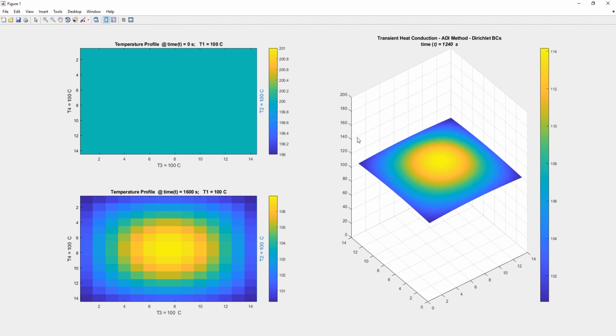According to the ADI method, the temperature sweep happens along one direction first, and then after the sweep is done, the sweep goes into the other direction.